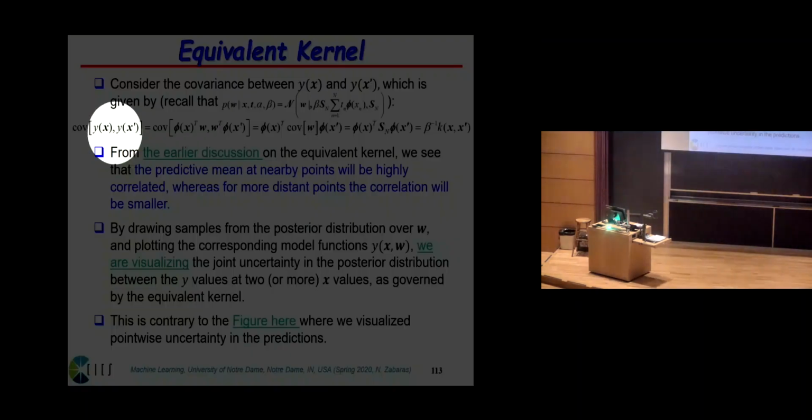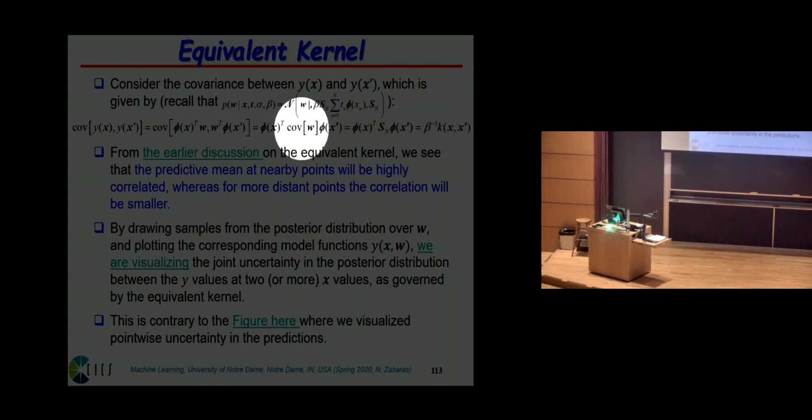So if you want to calculate the covariance of y of x and y of x prime, you have to calculate this covariance. And I'm not going to prove anything here. If you don't know this, you can expand, use the definition of the covariance. You can show the covariance of this is the same as phi of x transpose, phi of x prime on the sides.